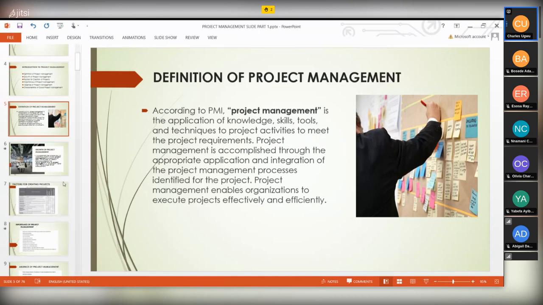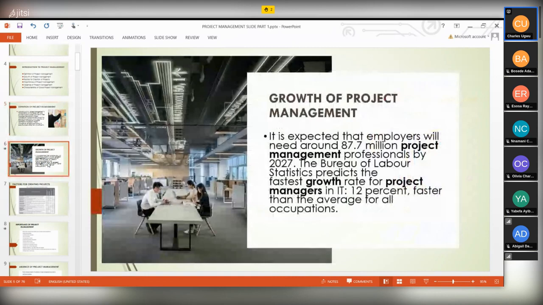The next thing we'll look at is the growth of project management. The growth is very fast. It's on a very fast lane. According to the statistics, it is expected that employers will need around 87.7 million project management professionals by 2027.